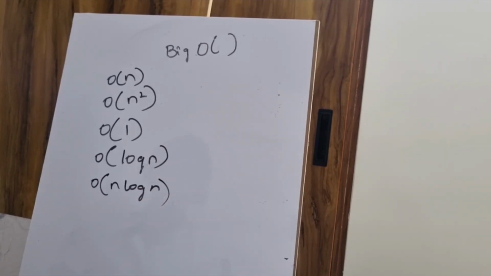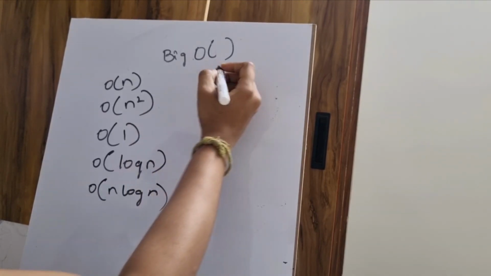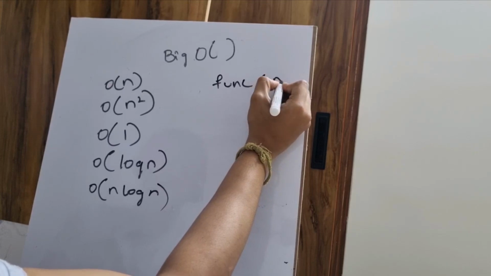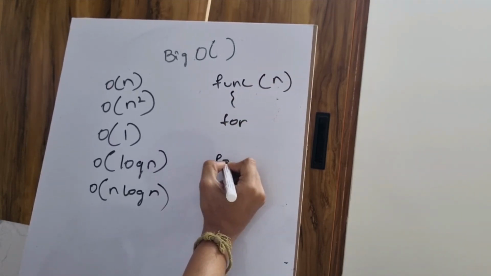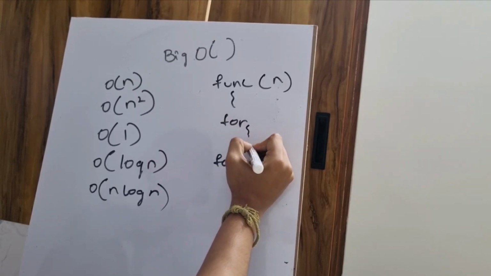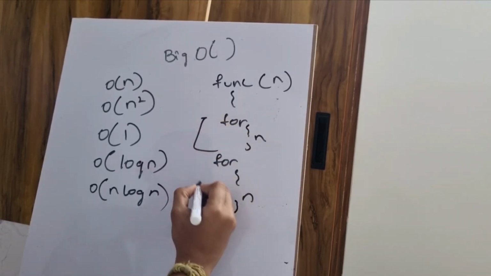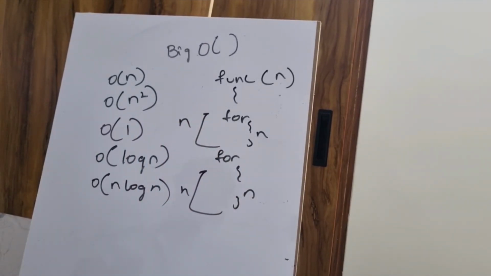And the way you avoid constants in calculating your time complexity is this: if you have 2 loops side by side, and there is a for loop over here which executes n times, and there's another for loop which also executes n times, your time complexity will be what?